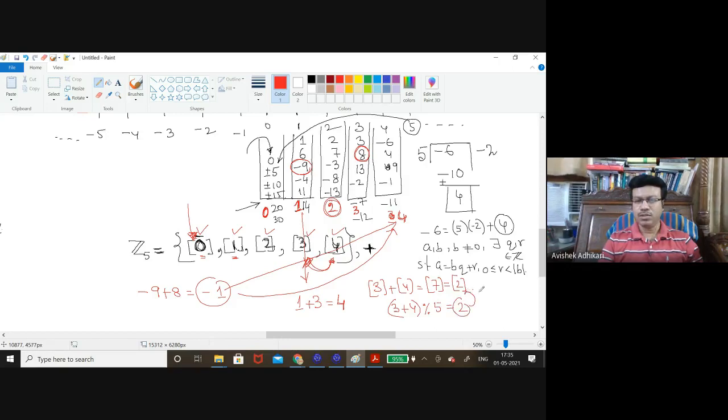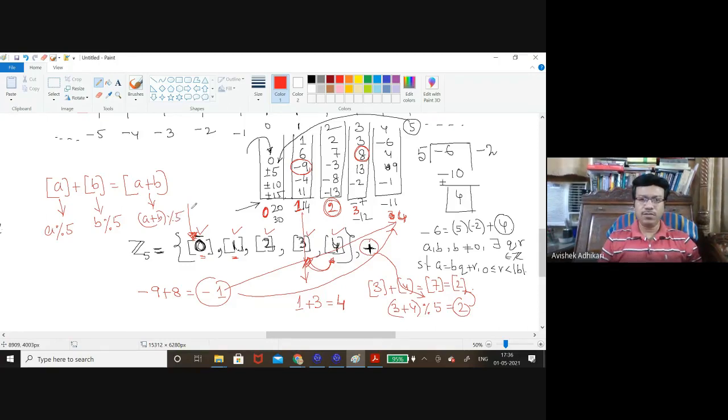So that's all. If I add like this, that means take 2 elements from this set, add them up, and then after adding, whatever integer you have, just consider its class. That means it is nothing but class A plus class B is equal to class A plus B. This means A remainder 5, this means B remainder 5, and this means A plus B remainder 5.